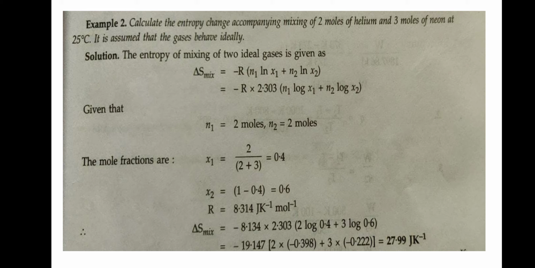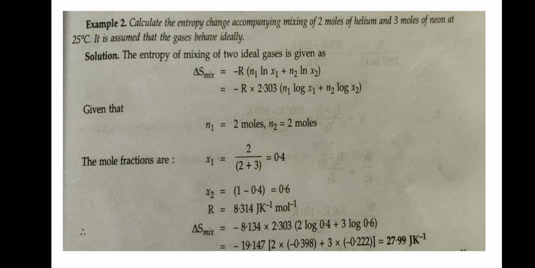Using the R as 8.314 joule per Kelvin per mole, we have calculated the delta S mixing. So the delta S mixing is 27.99 joule per Kelvin. These are a few examples we have discussed of this chapter.